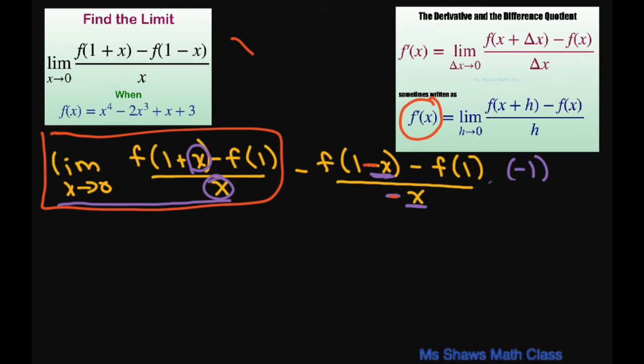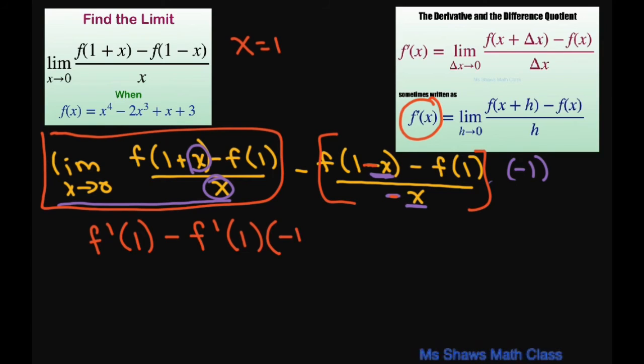And our x again was 1. So we're going to have f prime of 1 minus f prime of 1. That's for this piece. Times negative 1. All right, this is going to give me f prime of 1 plus f prime of 1, which equals 2 times f prime of 1.